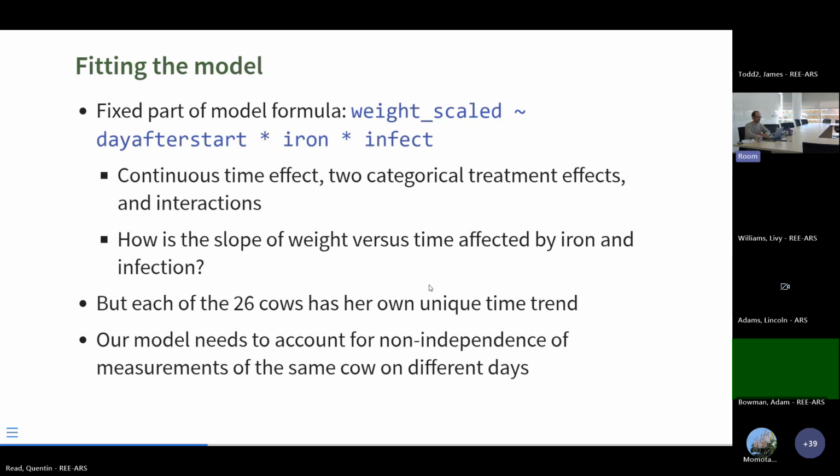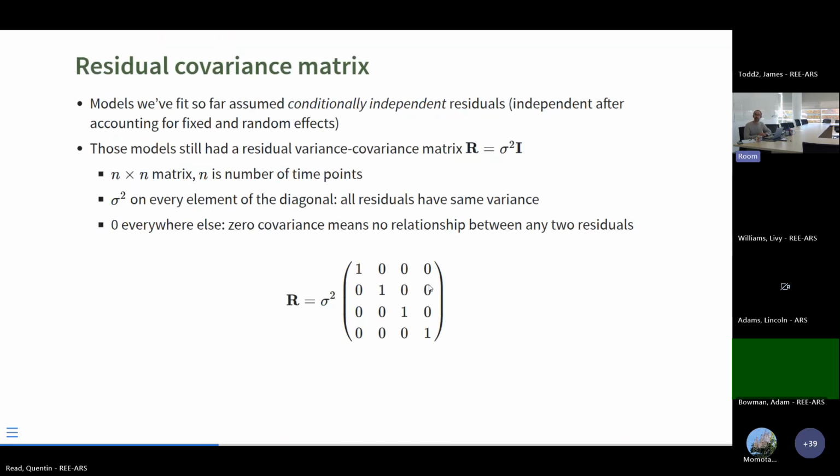Okay, so now we're going to get away from the code for a minute and go back to a bit more statistics so we can understand how we are going to put this residual covariance into the model. I said this already, but I'll say it again. Every model we've done up to this point has assumed the residuals are what's called conditionally independent.